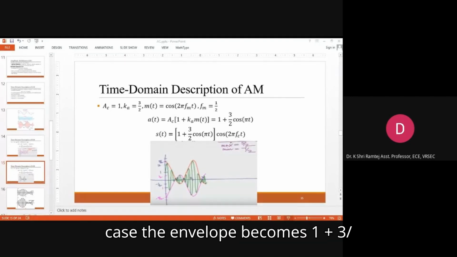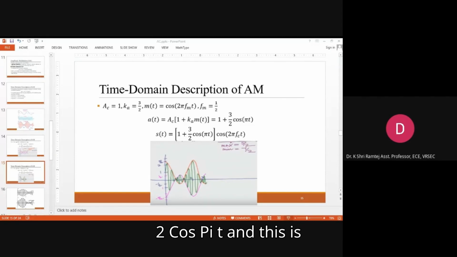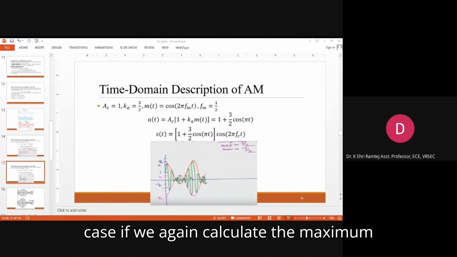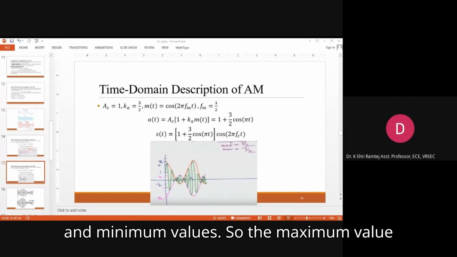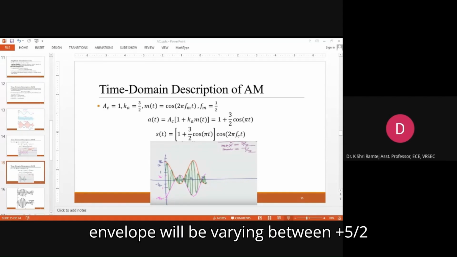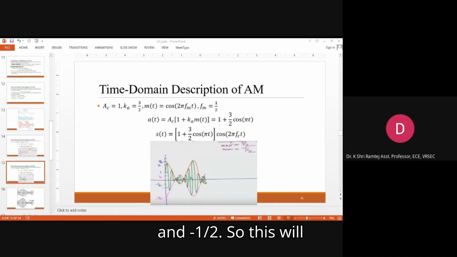In this case, the envelope becomes 1 plus 3/2 cos(πt), and this is the modulated waveform. If we again calculate the maximum and minimum values, the maximum value will be 1 plus 3/2, which is 5/2, and the minimum value will be 1 minus 3/2, which is minus 1/2. So the envelope will be varying between plus 5/2 and minus 1/2.